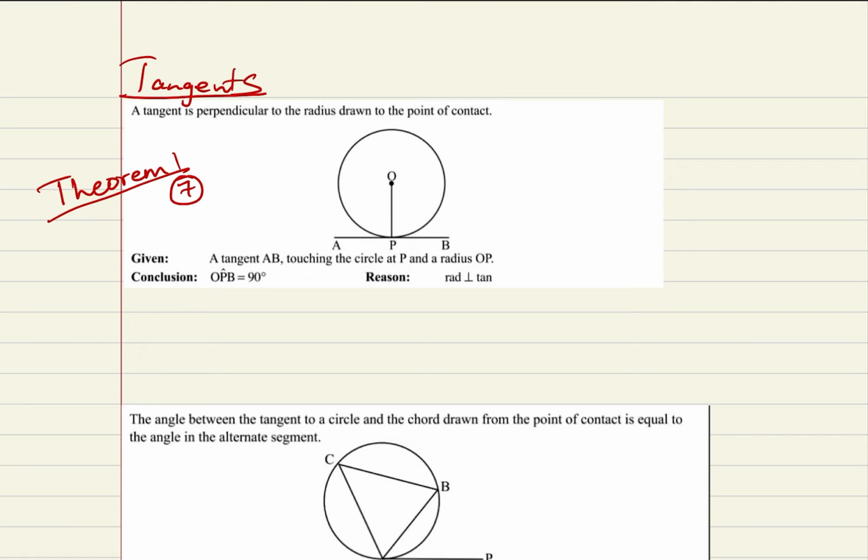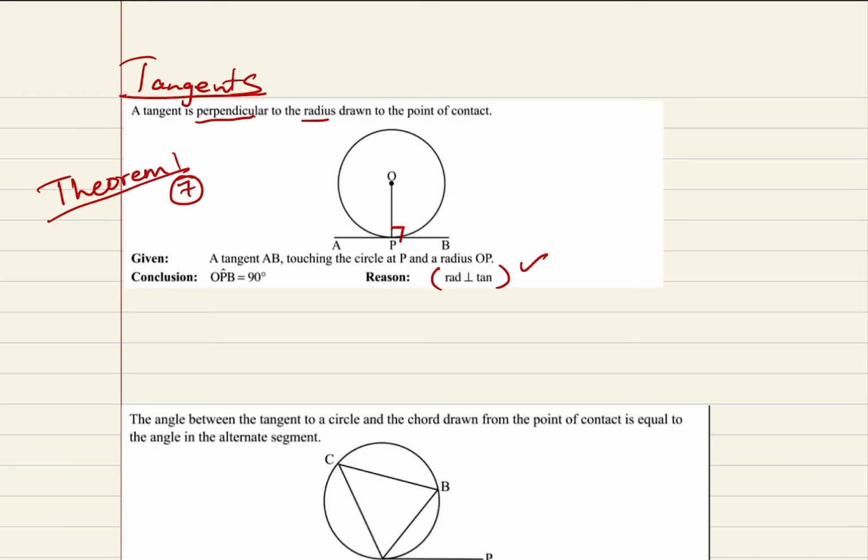Theorem number 7 says the tangent is perpendicular to the radius drawn at the point of contact. Perpendicular means that here there is 90 degrees. Okay, and the reason is very simple: radius perpendicular to the tangent.